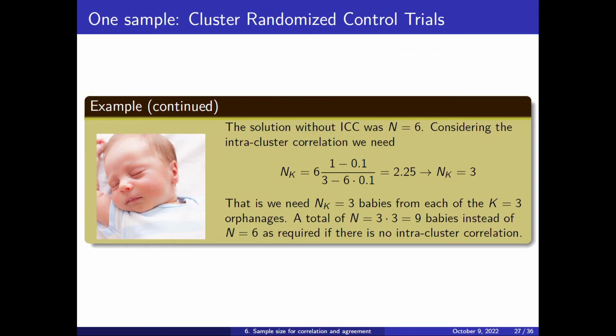So it was n equals 6, but because the intra-class correlation is 0.1, they are slightly correlated, then our sample size for each one of the clusters is a little bit larger, and you know that we have to always round up, so we will take 3 samples from each one of the K orphanages. So in total we have a sample size of 9 rather than a sample size of 6.